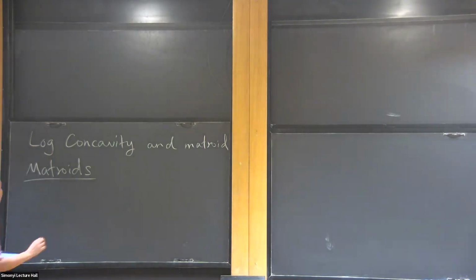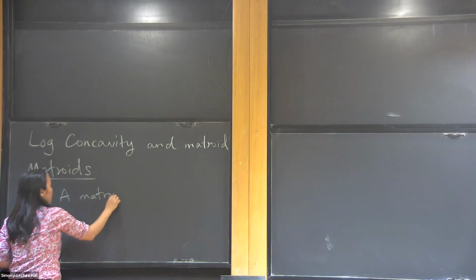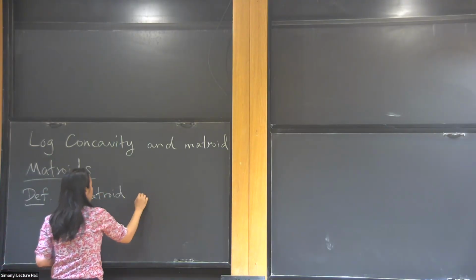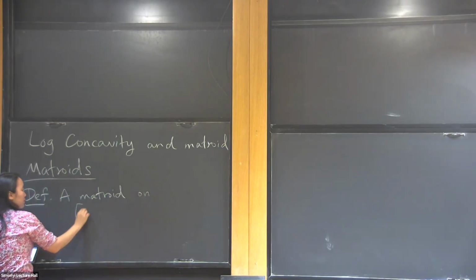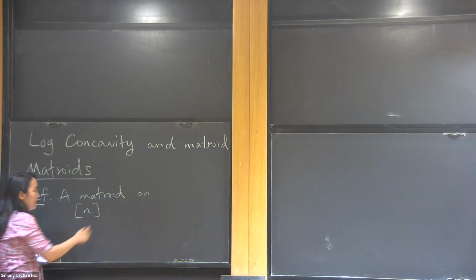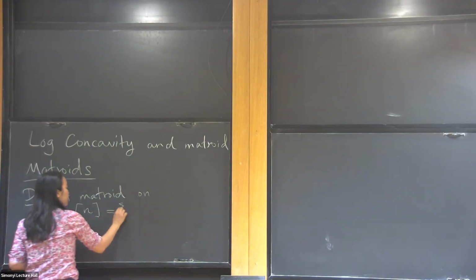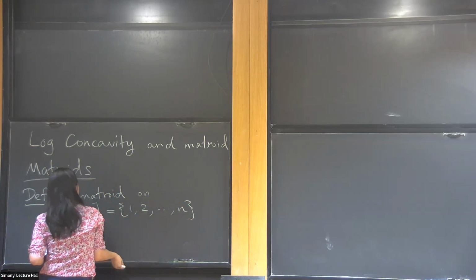A matroid is a tuple. There's a definition. A matroid on a ground set. For my course, we'll always stick to an n-element set, which we denote [n]. This is the set of numbers from 1 through n.